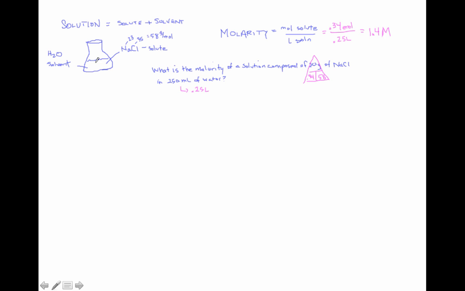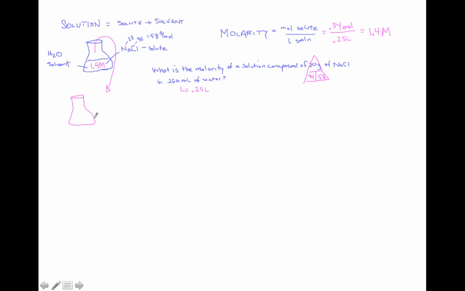So let's look at this. This would be my starting point, 1.4 molar. What you're going to do in this lab is take a carefully measured volume of this salt solution and transfer it over to this new flask. Well, you probably won't have flasks at home. You'll probably have cups.